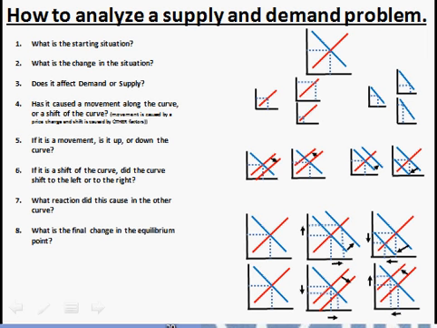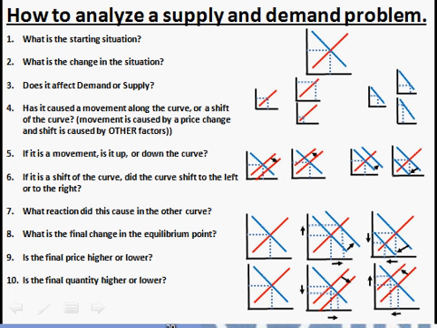Hand in hand with that, once you've determined where the new equilibrium point will be, then question 9, is the final price higher or lower than the original equilibrium? And is the final quantity demanded and supplied higher or lower? Now, you can have some side questions to this.